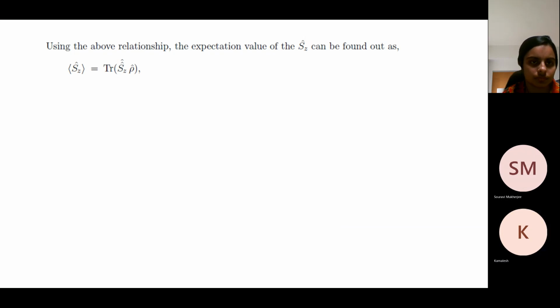Ma'am, I get h cut by 2, 3 by 4, 0, 0, minus 1 by 4.